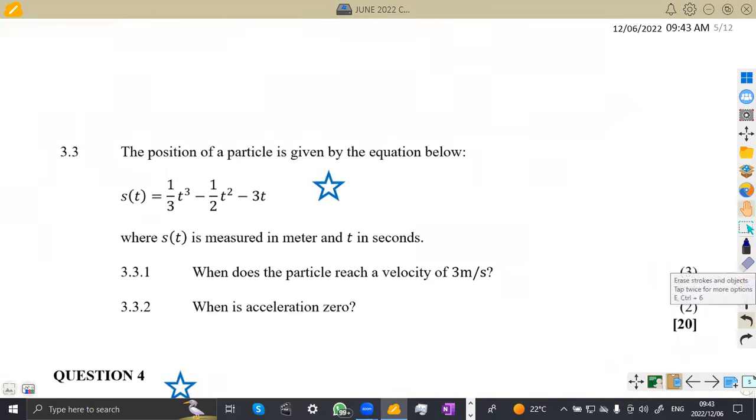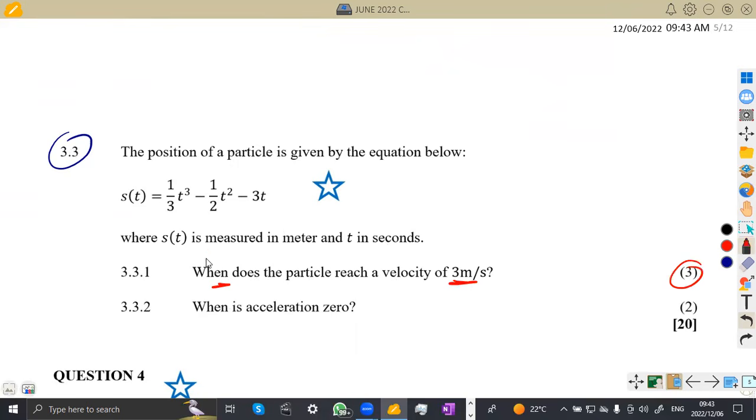We are given 3.3. The position of a particle is given by the equation, where s is measured in meters and t is time. So this is displacement. t is the time in seconds, and s is indicating the displacement or the distance in meters. When does the particle reach a velocity of 3 meters per second?